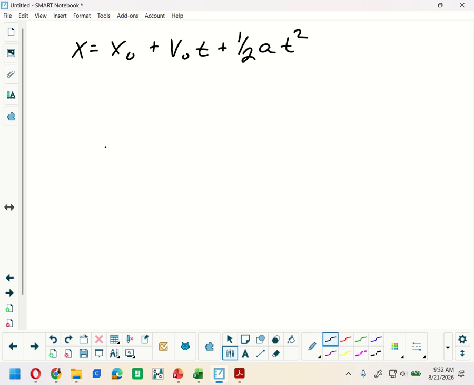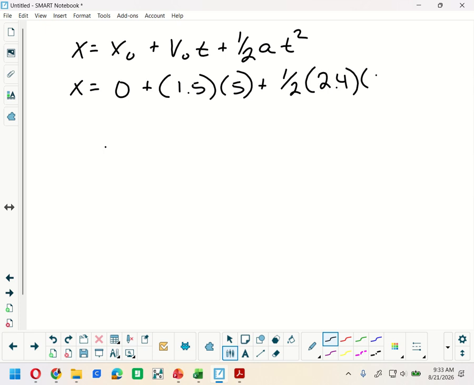Sometimes you might actually need a secondary step after this. We have formulas that go directly to what we're looking for, but sometimes we need this value to get to the next value. So we have x equals 0 plus 1.5 times 5 plus 1/2 times 2.4 times 5 squared. So if you could, go ahead, throw it in your handy dandy calculator.